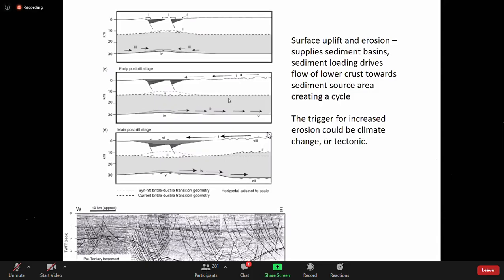And so you end up with a virtuous cycle here of lower crustal flow here, uplift and erosion, sediment returning to the basin, and we get this rapid subsidence that accommodates as much sediment as can be thrown at this area.